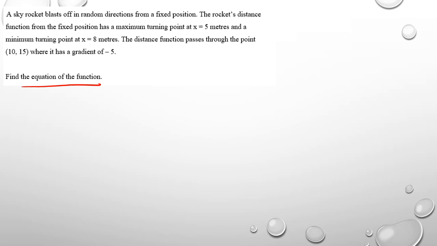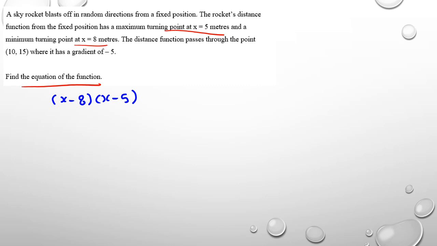Now those two pieces of information, maximum and minimum, mean the function is a cubic and its derivative is a quadratic, with two points, a minimum and a maximum. So the derivative function, if you write it in factors, will have (x minus 8) and (x minus 5), because when you make the derivative function equal to 0, you end up with x equal to 5 and x equal to 8.